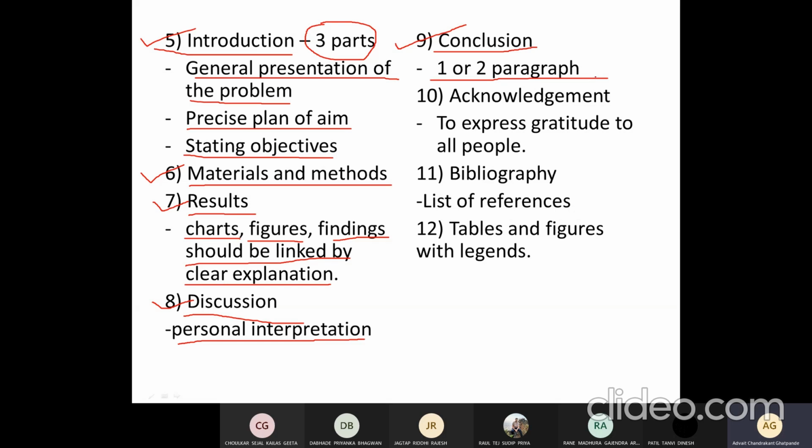Okay, conclusion. Lastly, the acknowledgement part.